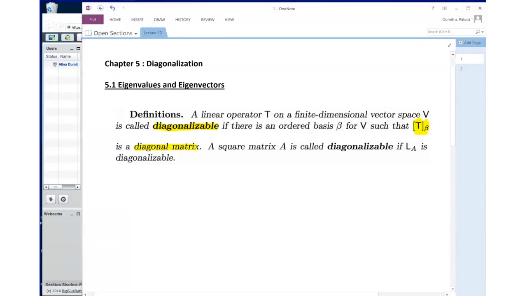So as long as there exists such an ordered basis beta such that the matrix of T is diagonal, then the operator is called diagonalizable. Something similar happens for matrices: a matrix is called diagonalizable provided that the left multiplication by A operator is diagonalizable.